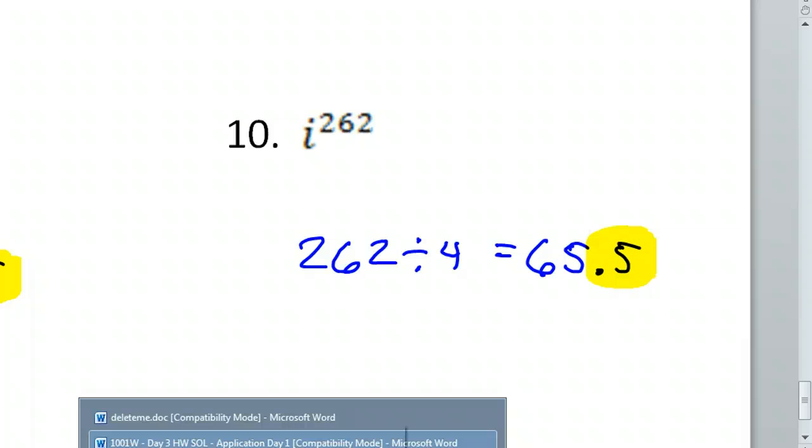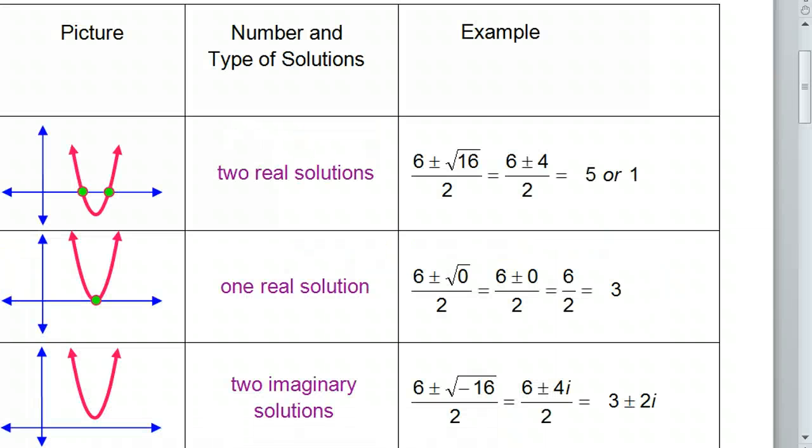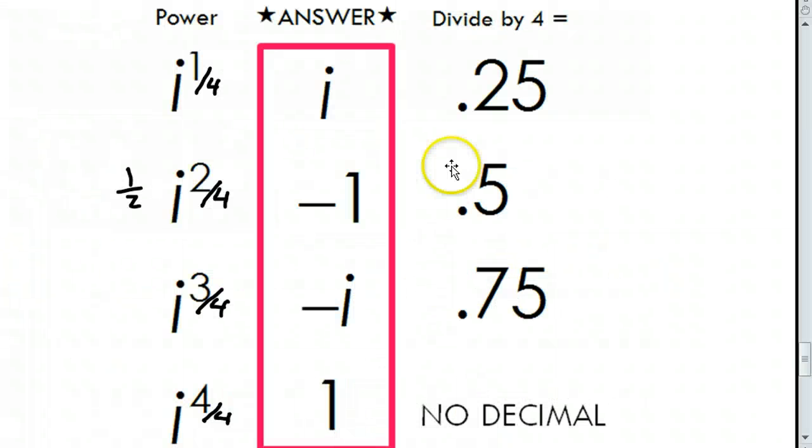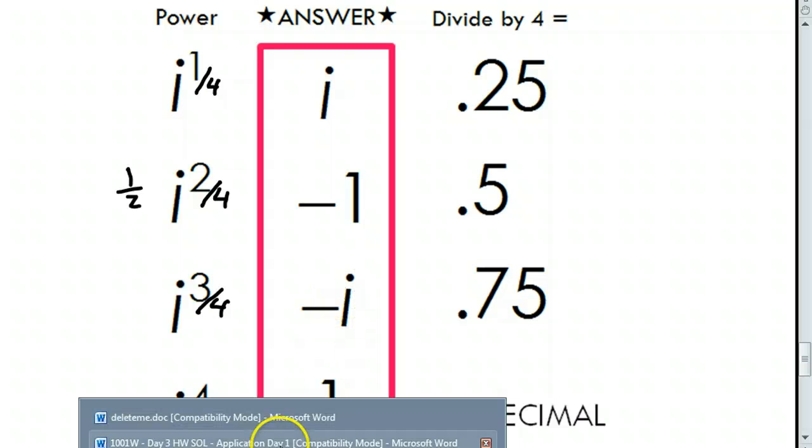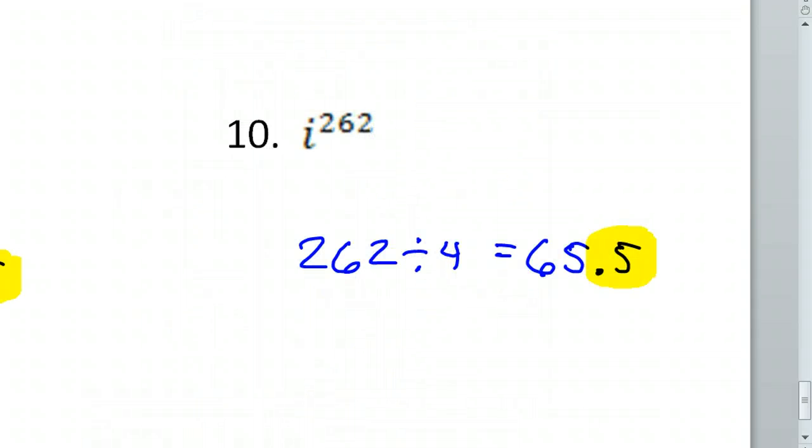Looking at our little chart, 0.5, again, that's -1. So that's how you can simplify i to any power.